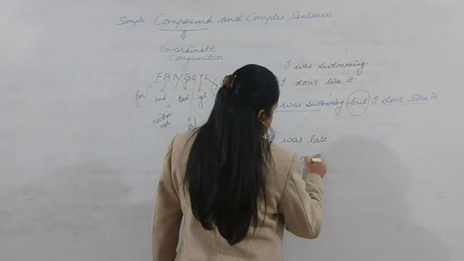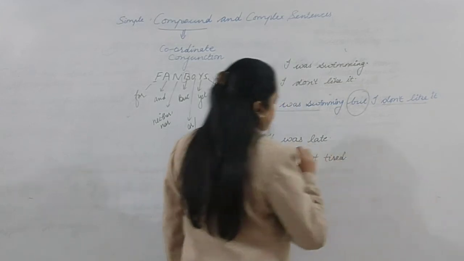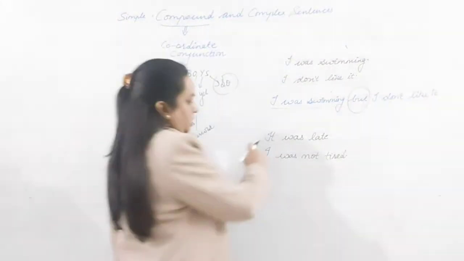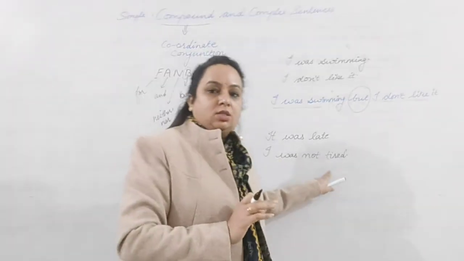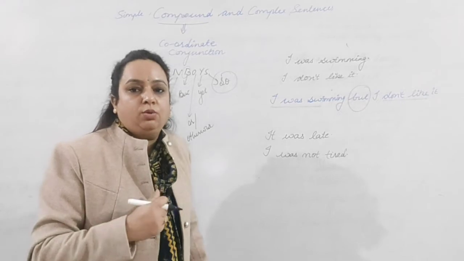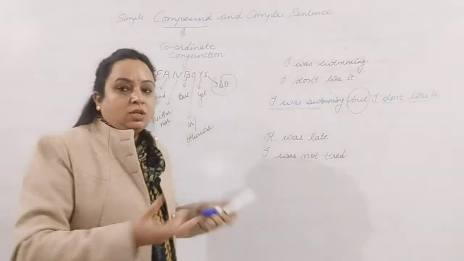I was not tired. Okay, so both these sentences are of which category? First one, it was late, simple sentence. I was not tired, this is also a simple sentence. Now we have to transform into a compound sentence, right? So it was late, yet I was not tired.